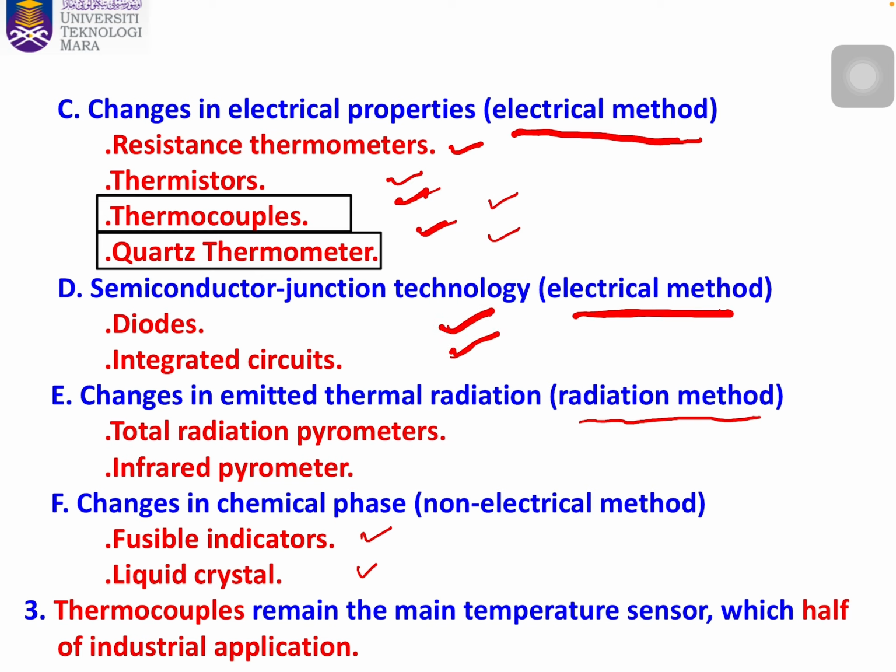Next, changes in emitted thermal radiation, which is a radiation method. The examples are total radiation pyrometers and also infrared pyrometer. And next is changes in chemical phase, a non-electrical method. The examples are fusible indicators and also liquid crystal. Thermocouples remain the main temperature sensor, used in half of industrial applications.